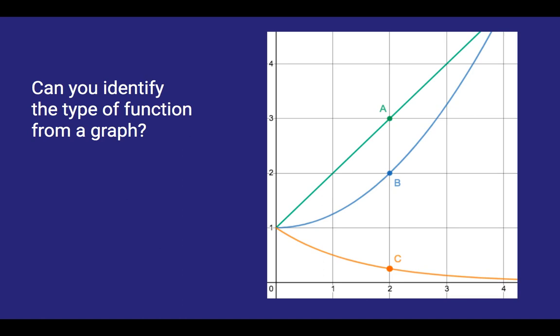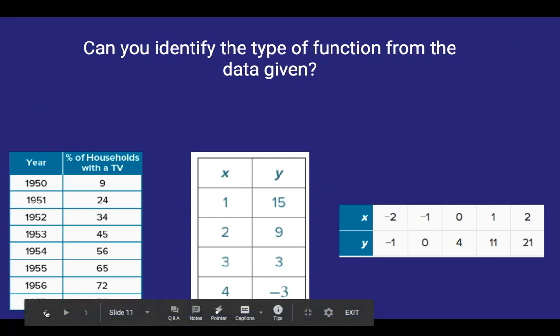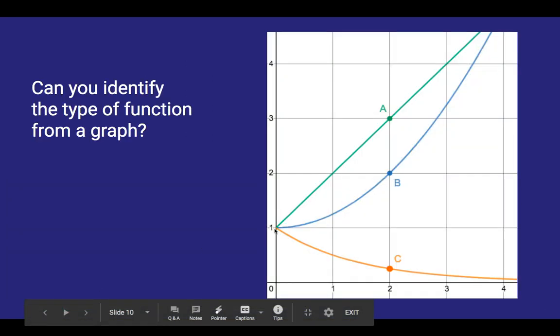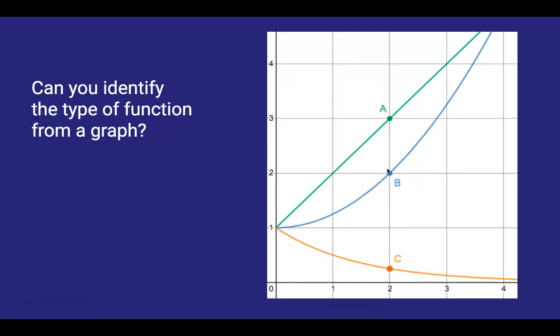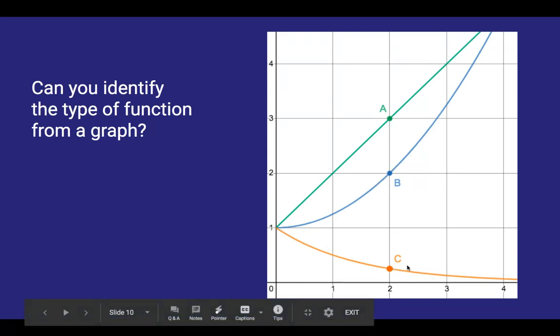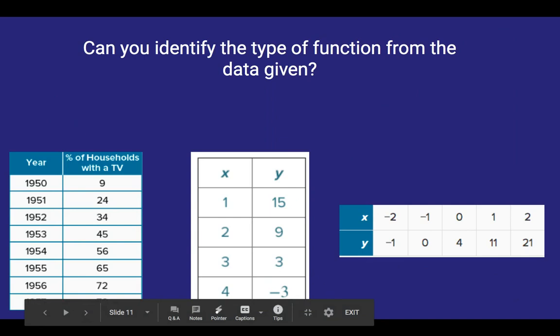B and C, we might need a little more information because those might be quadratic and they might be exponential. Because I created these, I know the answer. I know that I made function B as a quadratic and I made function C as an exponential. But again, we'll get some more information on how to determine that for certain.